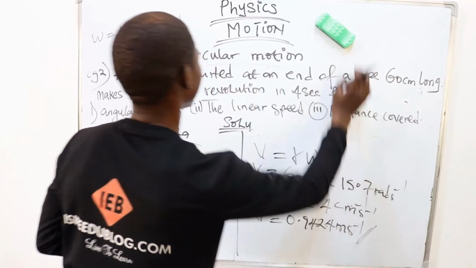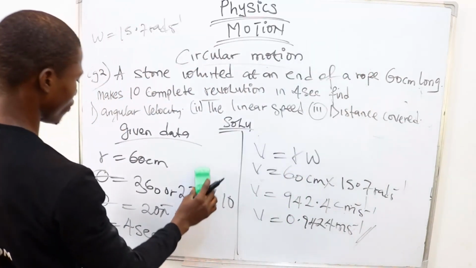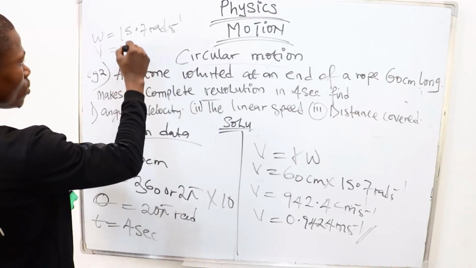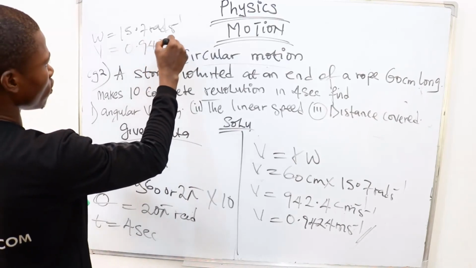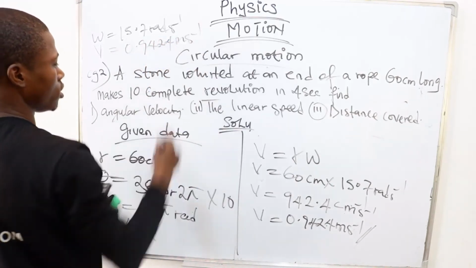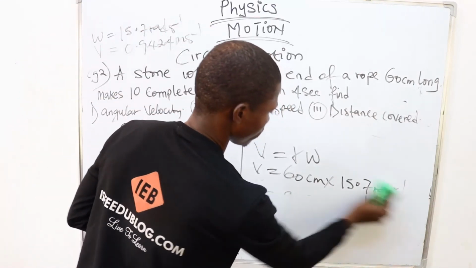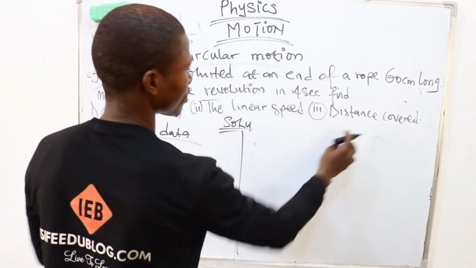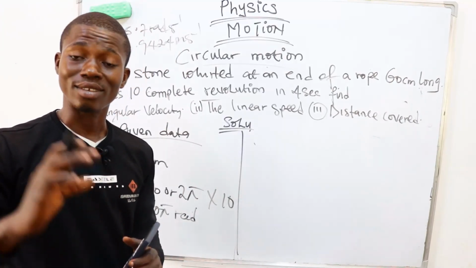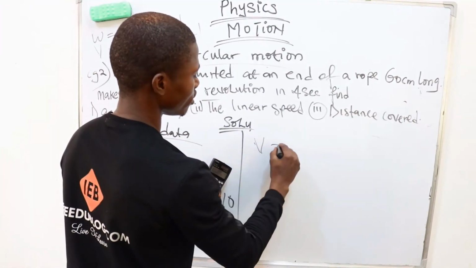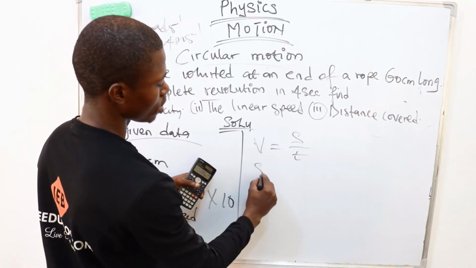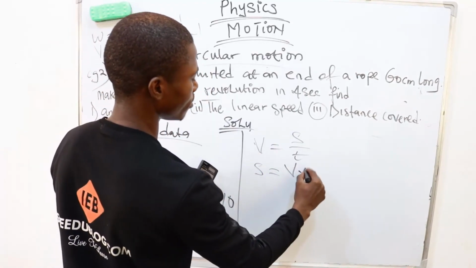And the third one is distance covered. So let's solve for distance covered. Let's bring out our answer for velocity, which is 0.9424 meters per second. We know that velocity is distance, s, over time, and making distance the subject of the formula, it will be velocity times time.